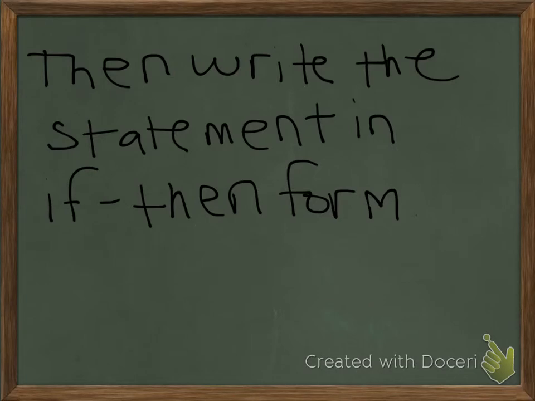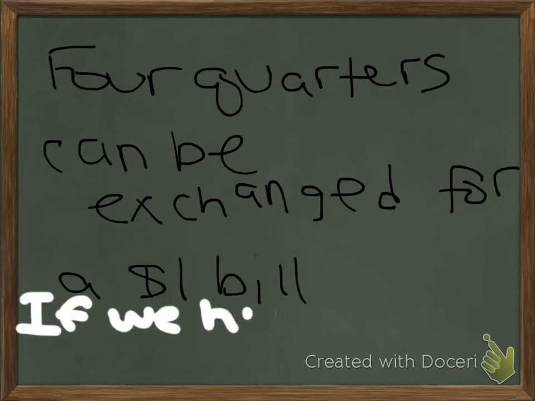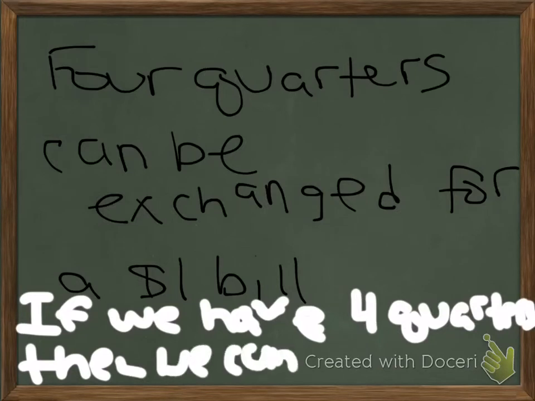Then we're going to write these statements in if-then format, and we're also going to determine the hypothesis and conclusion. We're going to do a few more examples like that. This says 4 quarters can be exchanged for $1. If we put an if in here, we could say if we have 4 quarters, then we can exchange for $1.